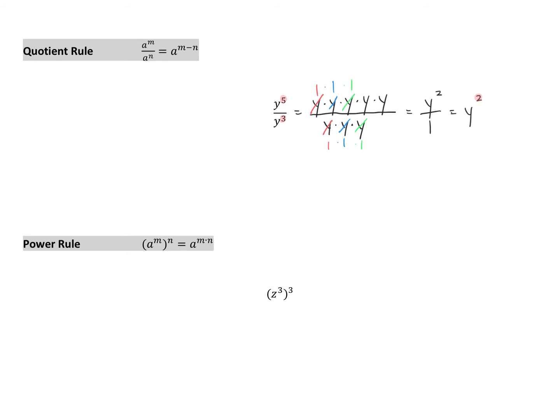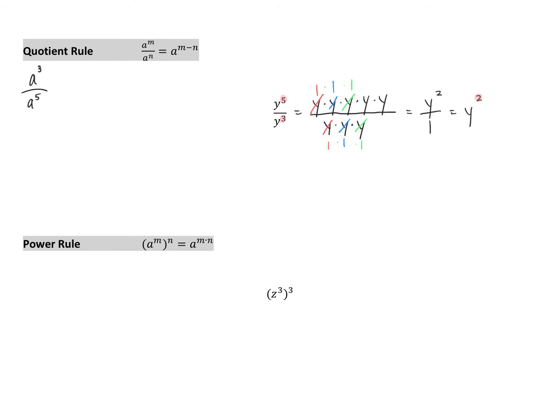Now another part of the quotient rule, and we'll see why this is important later, is that really you can think about subtracting and leaving it where the most were. So this rule really is good to use if the highest number is on the top. So 5 minus 3 is 2. But if I had another one, let's say I had a cubed over a to the fifth.